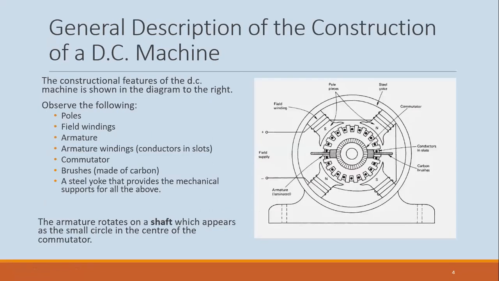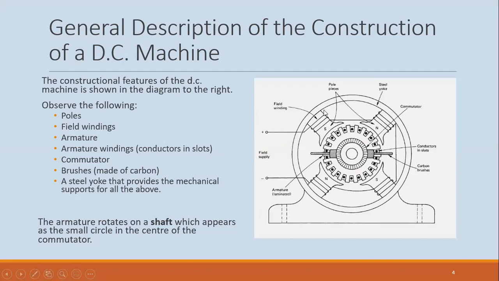All right, so a little bit closer view of what we just spoke about a while ago. The poles. So notice now, in this drawing here, we have 4 poles: a north, a south, another north, and another south. So the poles are always going to be in pairs, right? You can always have a pair of north and south, or pairs of north and south.